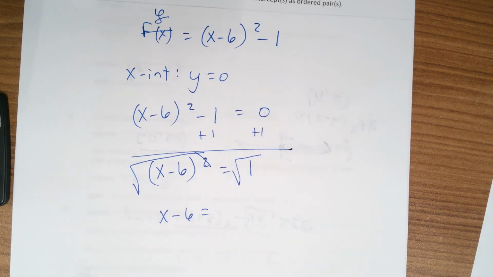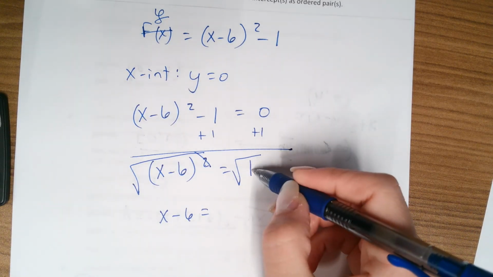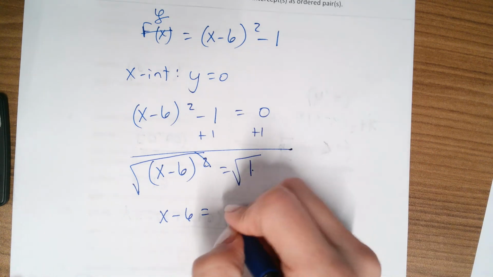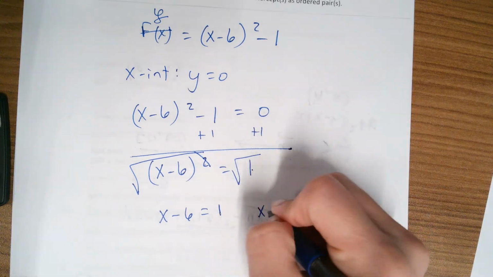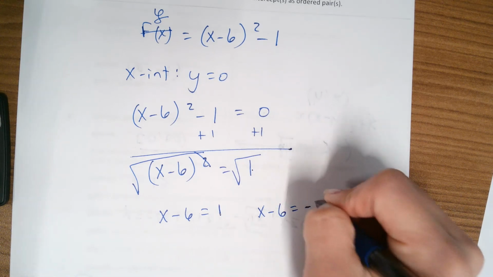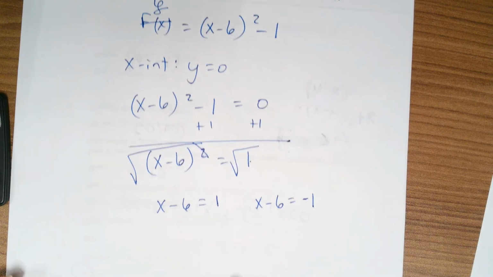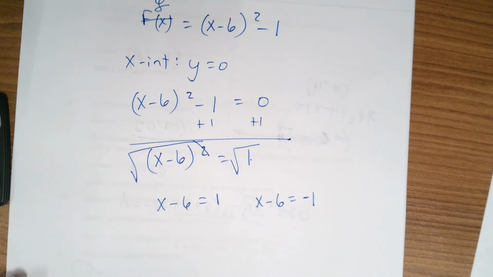So this is where the plus or minus comes in. And if any of you have ever done the quadratic formula, you know it's negative b plus or minus. This is why the plus or minus. So the square root of 1 is positive 1. So I could have positive 1, or I could have x minus 6 equals negative 1. So we're always going to take into account the positive and the negative.